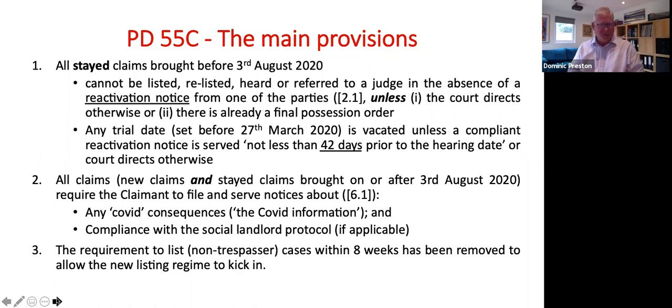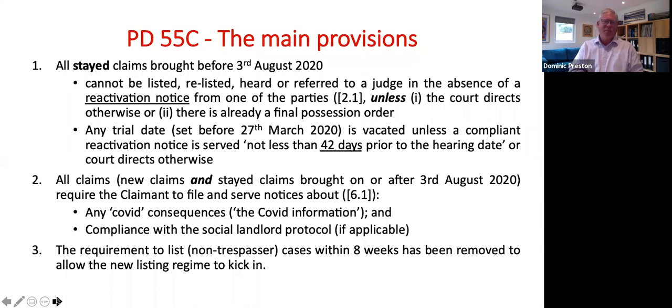And again, there's opportunity to apply for an early time. That suggests that the court won't necessarily get into its diary and start removing cases. It suggests that the court will wait for somebody to say, what do you want us to do with that trial date?